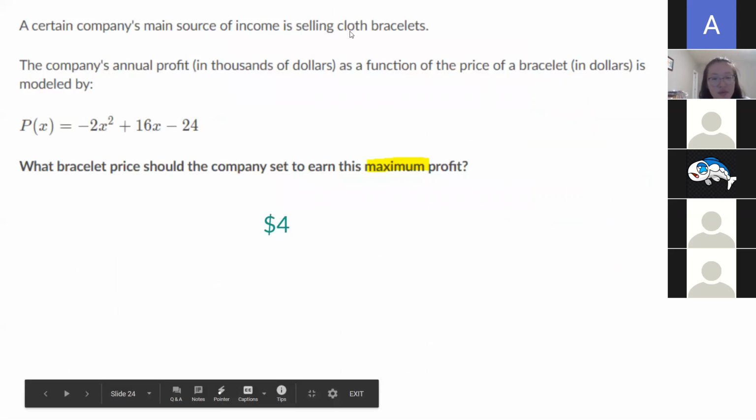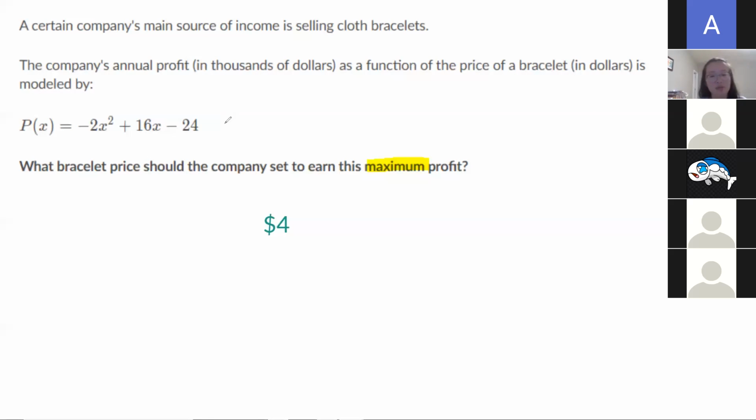Here's another one where you can already see the answer before I actually do it for you guys. But let's just try this problem for fun. A certain company's main source of income is selling cloth bracelets.